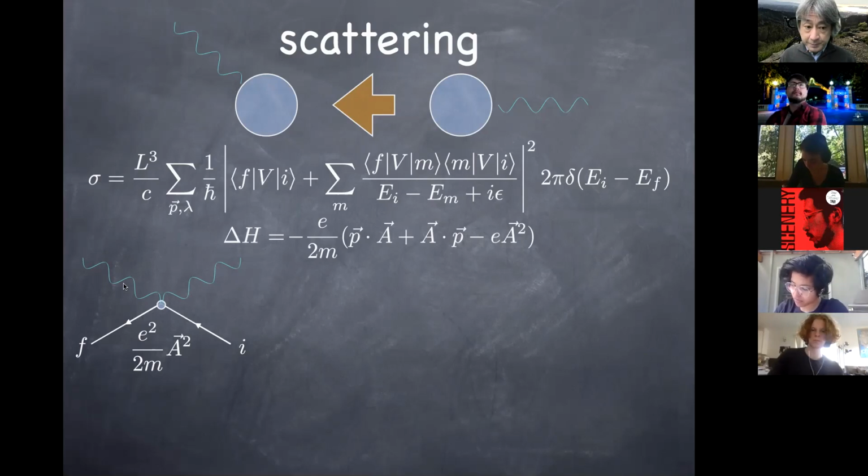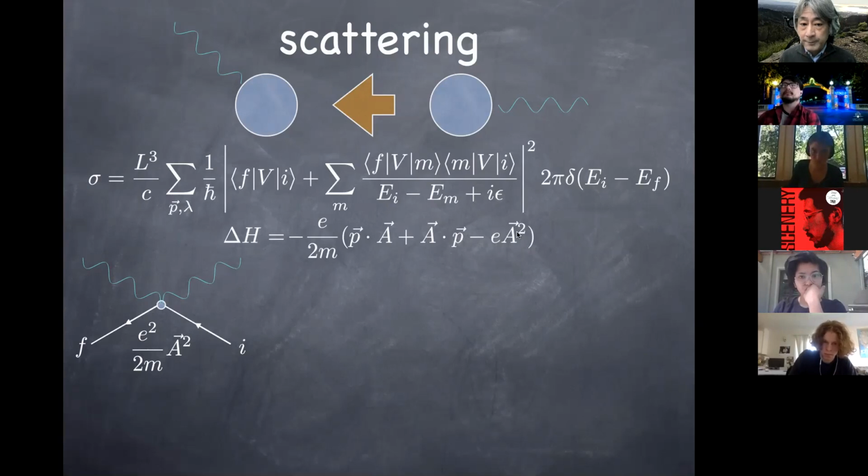and hence the scattering process. So I can use the same kind of picture I used before, but now using this wavy line to indicate the photon in the initial and final state. And this blob in the middle is supposed to mean this e squared A squared over 2m term in the interaction Hamiltonian. So that's the way you can describe this process.